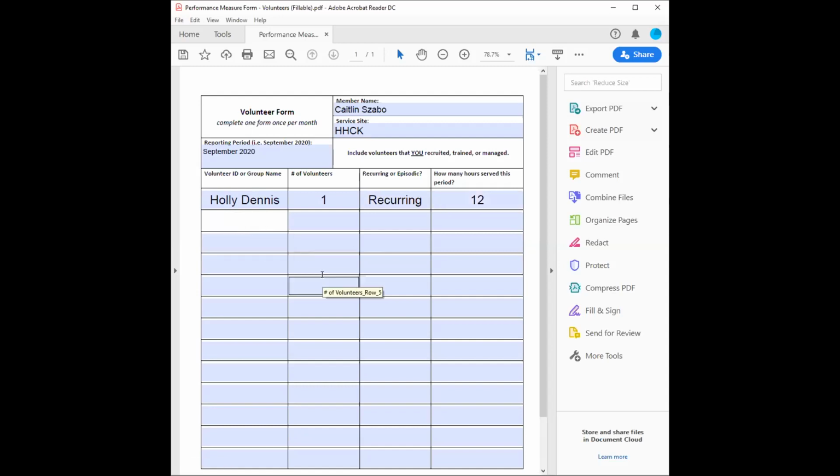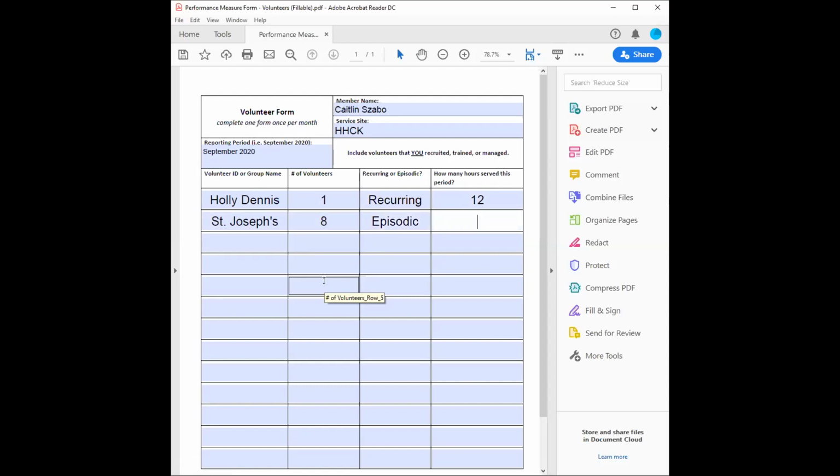And then say we have a volunteer group come in. It's a college and they're doing an alternative fall break or something like that. There's 8 volunteers in this group. They're only volunteering one time, so we're going to label them as episodic.